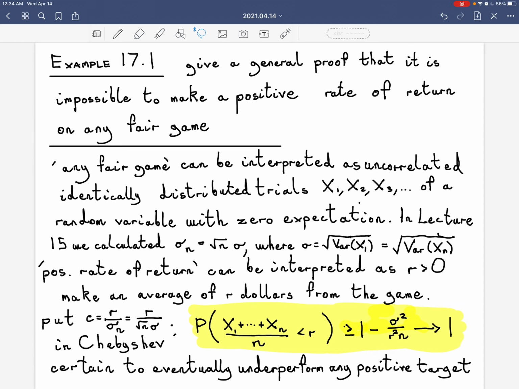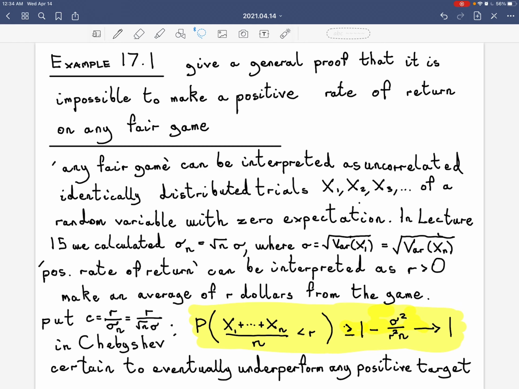And so we calculated previously that for independent, identically distributed random variables, the standard deviation of the sum, which we're calling sigma n, is equal to the square root of n times sigma, where sigma is the standard deviation of an individual trial.